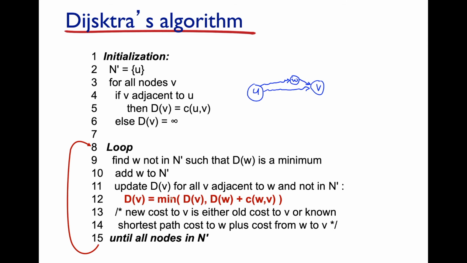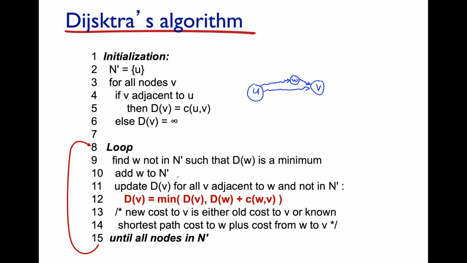And that's what I'm asking when I run this minimization. Can I improve upon the least cost path to V by going indirectly from U to W and then to V?